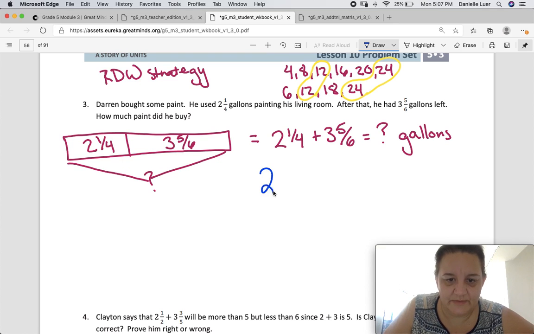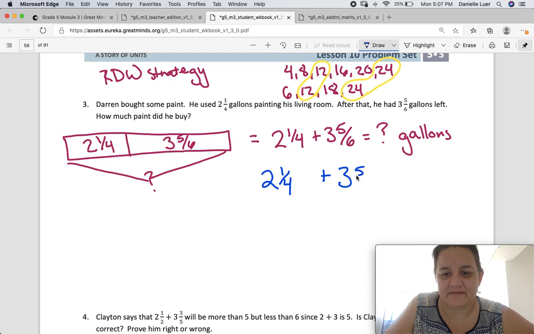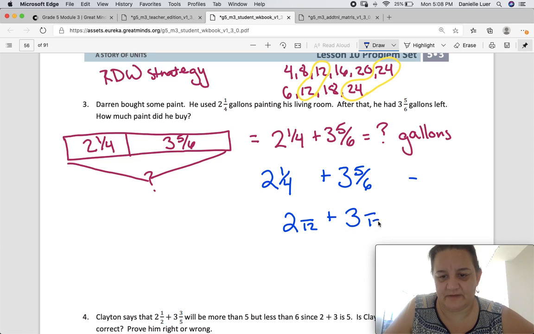Okay, 2 1/4 plus 3 5/6 equals, and my common denominator is going to be 12, so 2 something over 12 and 3 something over 12.